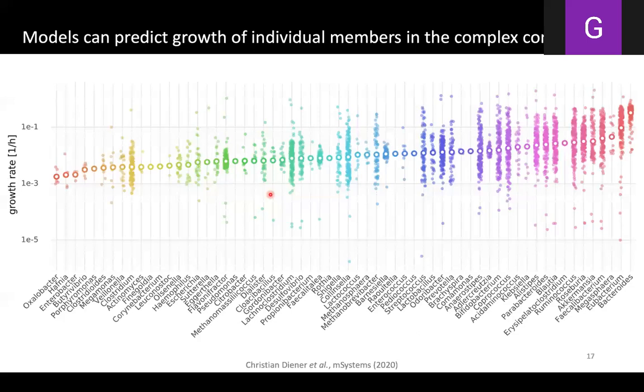In one recent study, using metabolic models, hundreds of microbes from gut microbiome samples from Swedish and Danish individuals were grown together as a community to predict their growth rates.